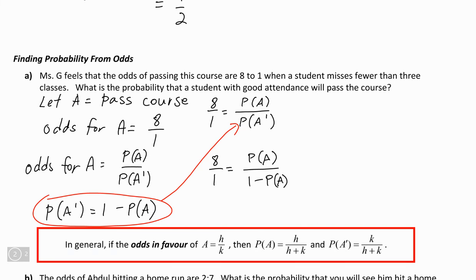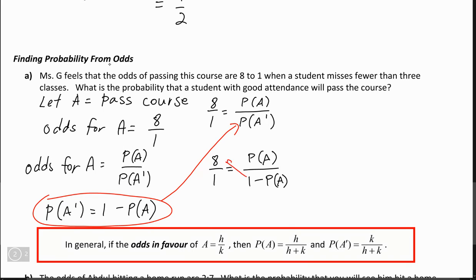Then you do a little cross multiplication. You bring the bracket up here, and 1 multiplied by P of A doesn't really change anything.